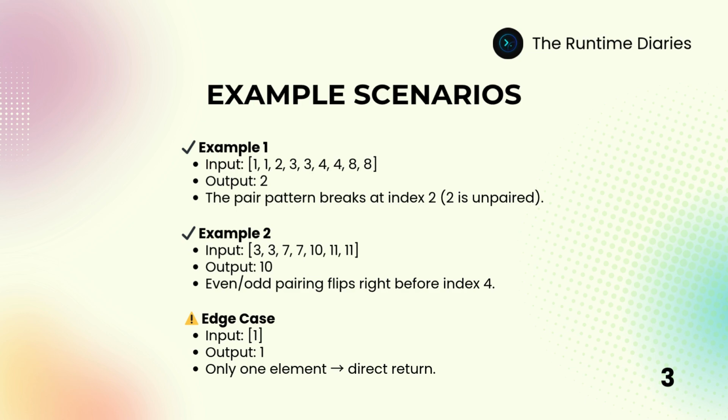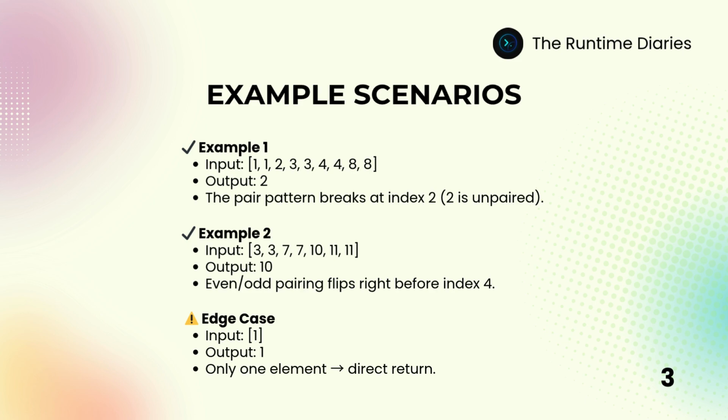Let's look at a few examples. Example 1. We have an array from left to right, 1, 1, 2, 3, 3, 4, 4, 8, 8. The output is 2. The pattern of pairs breaks right at index 2. Example 2.